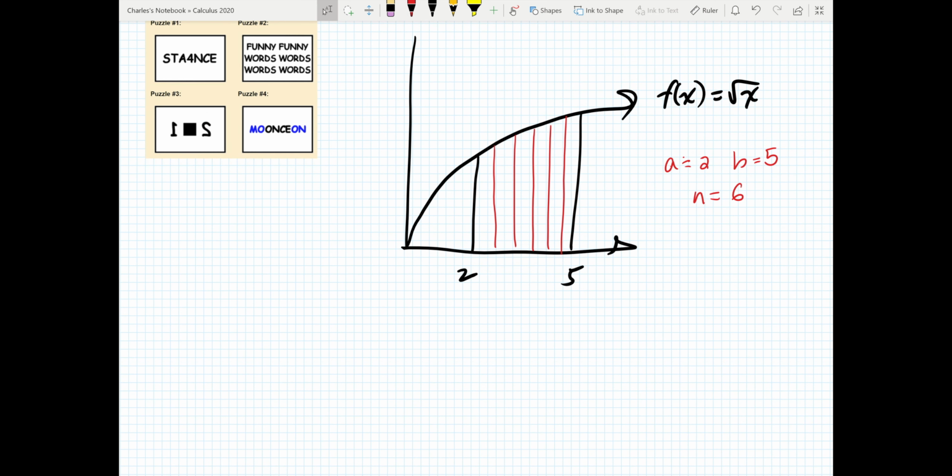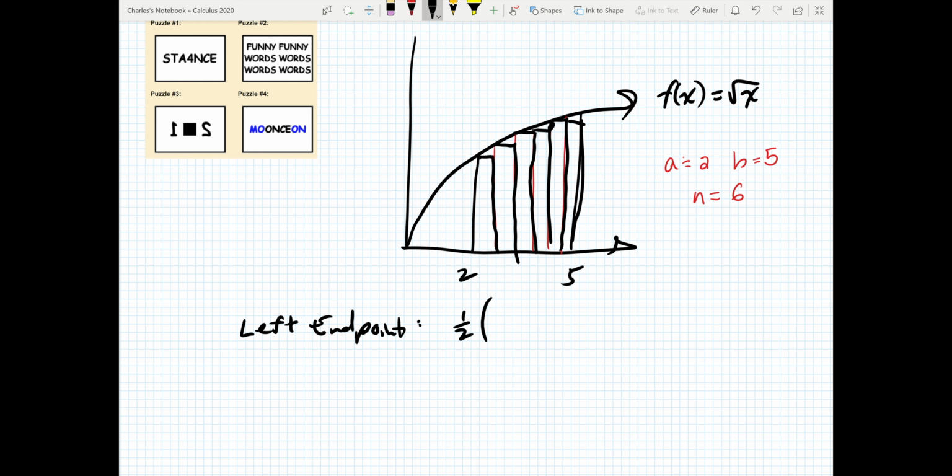The first thing I wanted to show you is that if I do my left endpoint approximation, I get 1/2 times this plus this plus this plus this plus this plus this. So what is that? This is going to be f of 2 plus f of 2.5 plus f of, well, that's a lot of writing, so I'm just going to dot dot dot.